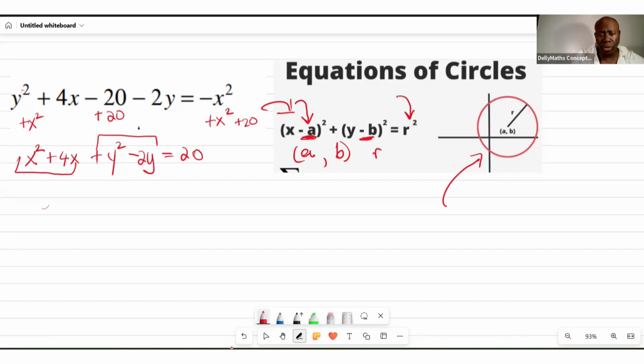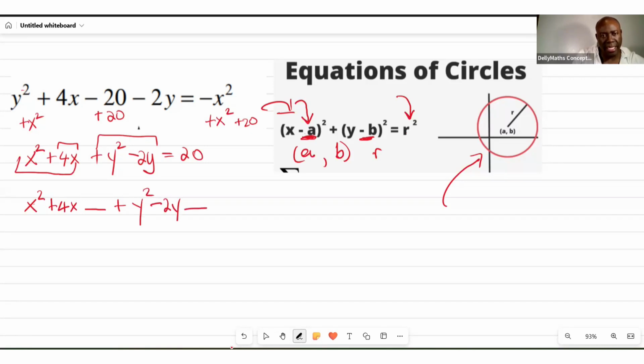So when we complete the square, the idea is, let us say I'm focusing on the x. I'm going to take this term here. I'm going to leave a space because I'm going to put a special number there. And at the same time, I'm going to work on the y.